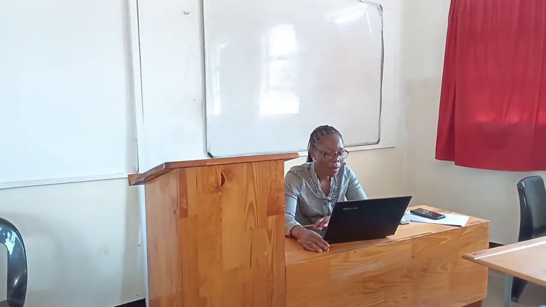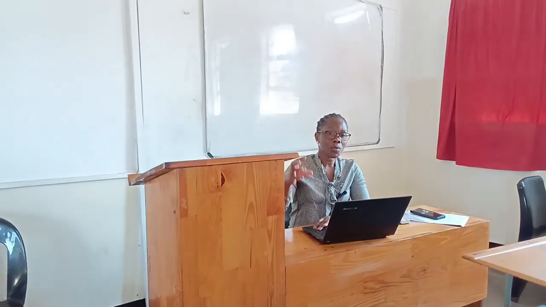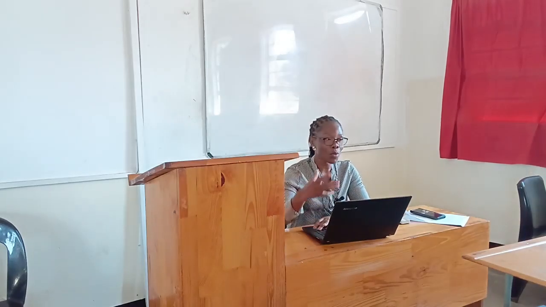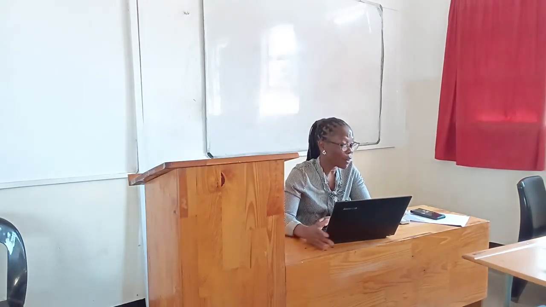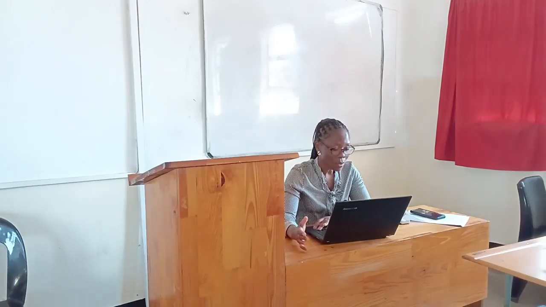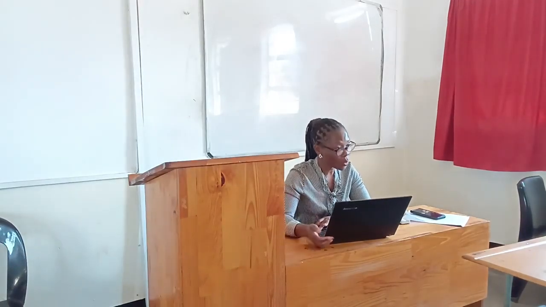So the fourth point is mitigation measures. So mitigation measures, when you have identified the impacts that the project is likely to have on the environment, you find appropriate mitigation measures, ways to deal with those impacts.